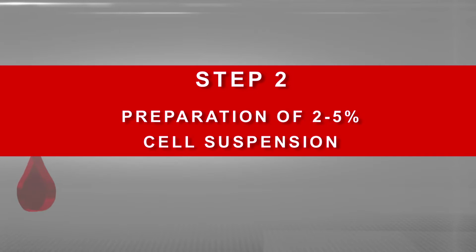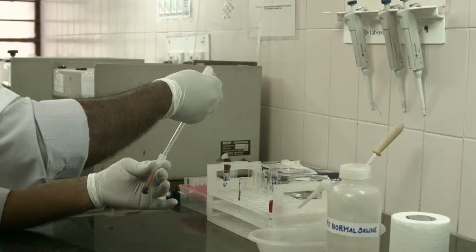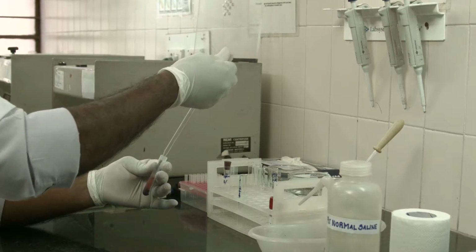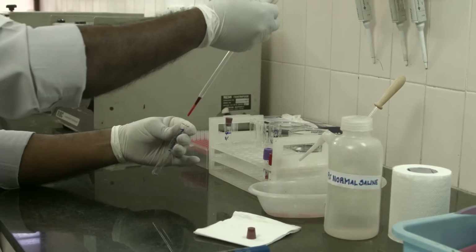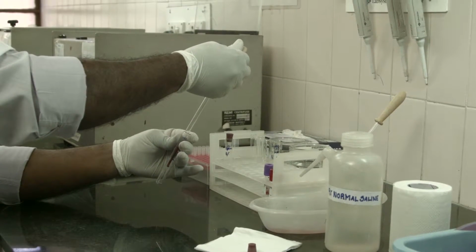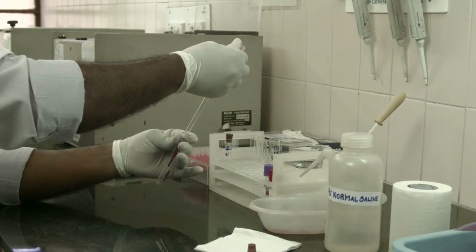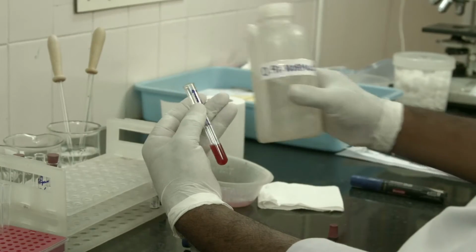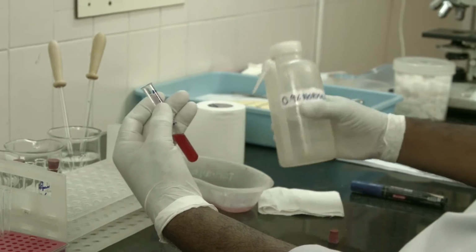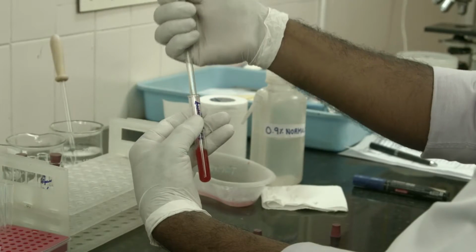Step 2. Preparation of 2 to 5% cell suspension. It is the basic requirement for all conventional tube tests. Transfer 2 drops of red cells to a labeled tube using pasture pipette with rubber teat. Fill approximately 3/4 of the test tube with 0.9% saline.